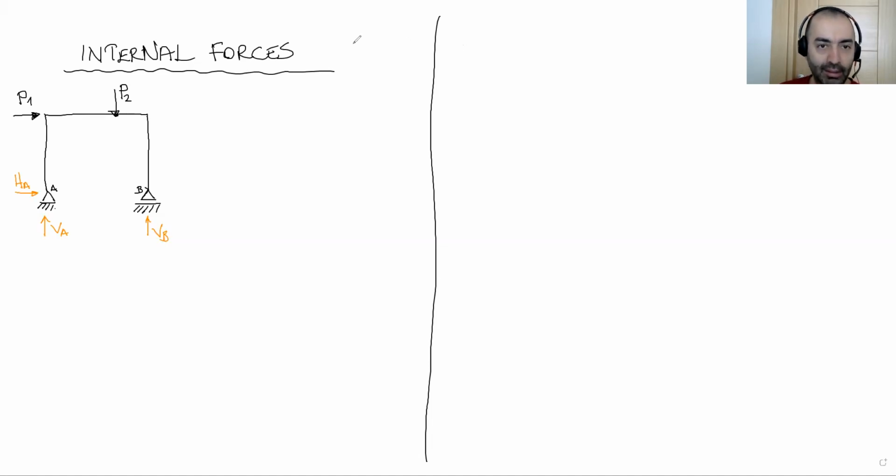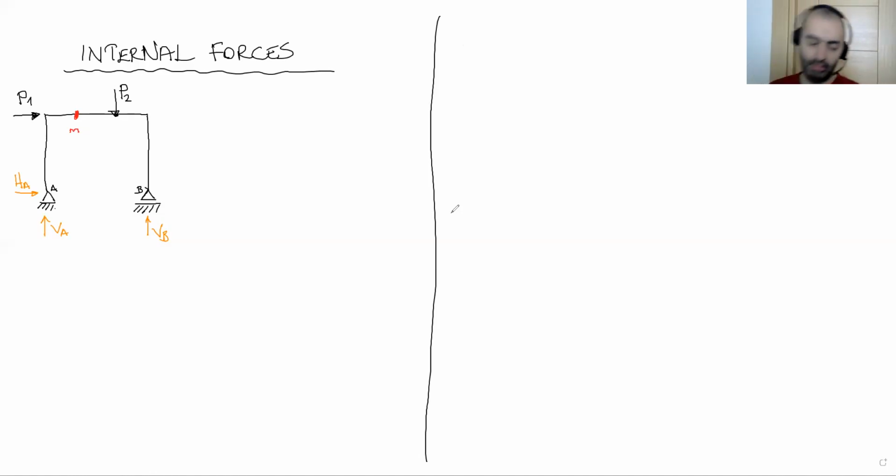Let's say there is a point which is M here. This point is M, point M. I'd like to find the internal forces.